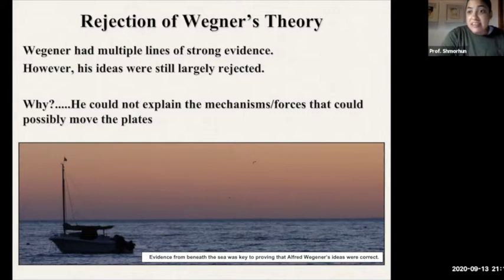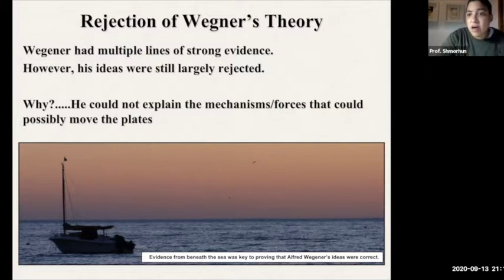One of his ideas for mechanisms was the rising and falling of tides. That's simply not enough to move continents literally thousands of kilometers over the course of 300 million years. So because he couldn't explain the mechanisms and forces that could possibly move the continents, what does that leave us with?